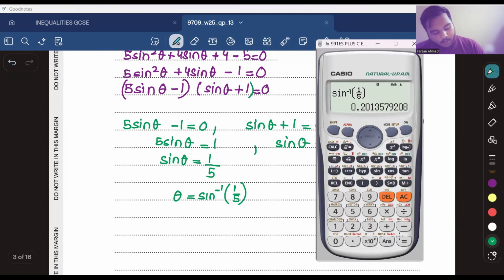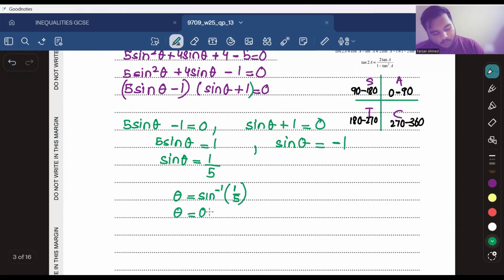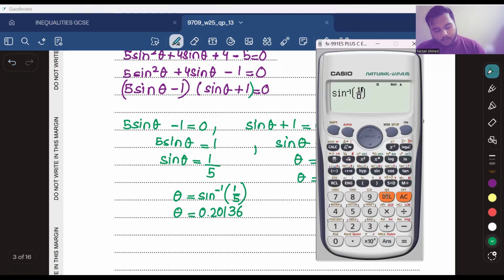Okay, theta is equal to 0.20136. And in this, theta is equal to sine inverse of minus 1. So if you write sine inverse of minus 1, this is equal to pi minus pi upon 2.